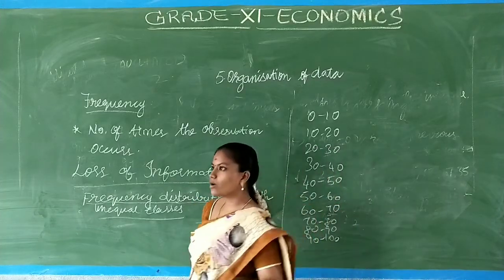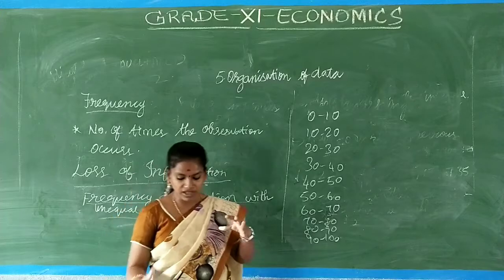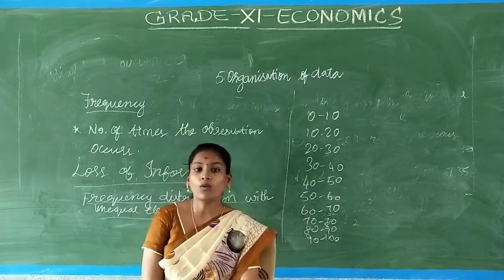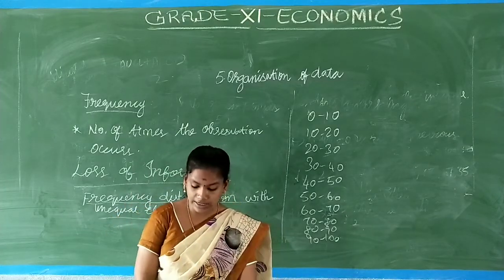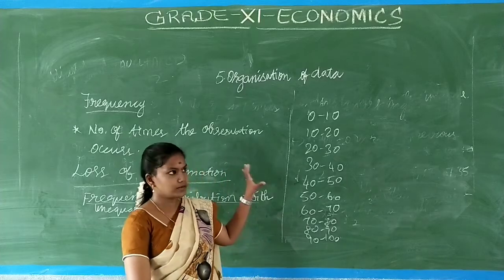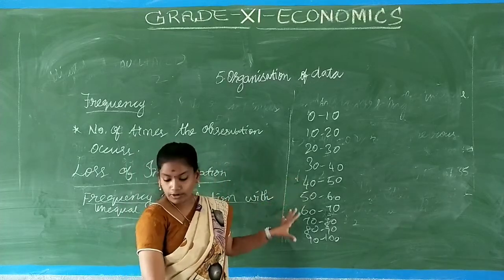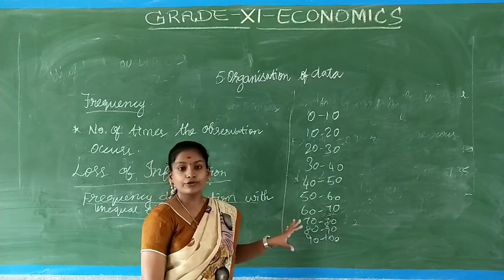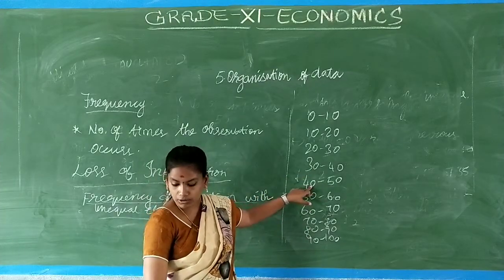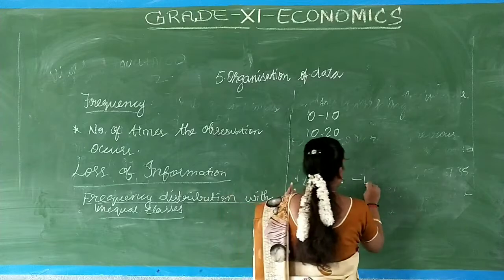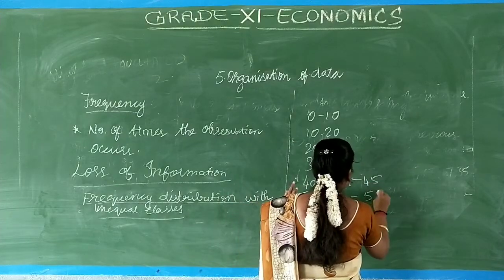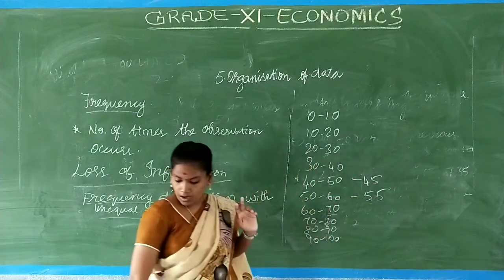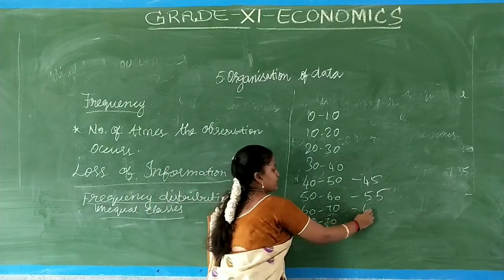But earlier, what did we talk about? There were too many values concentrated in a particular block. For example, if you take the range 40 to 50, there were around 45 people, then here 55 frequencies, here 65 frequencies.